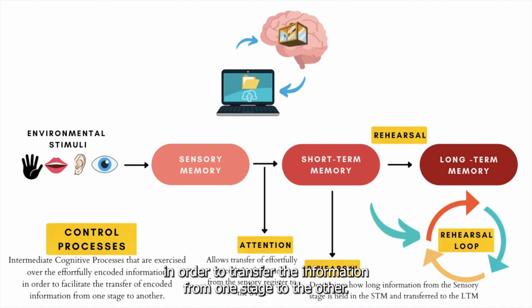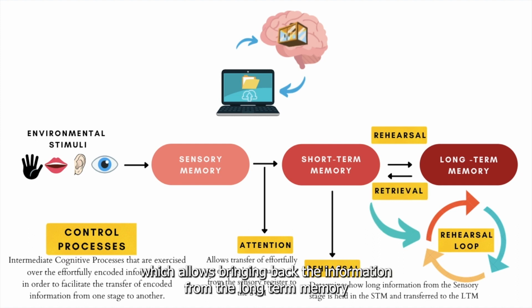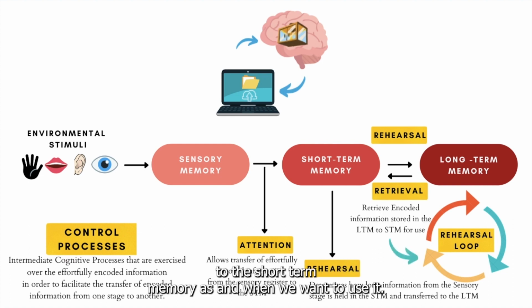Now, the final control process in this model is retrieval. Retrieval is the cognitive process which allows us to bring back the information from the long-term memory to the short-term memory, as and when we want to use it.